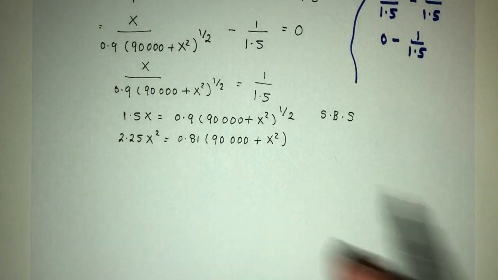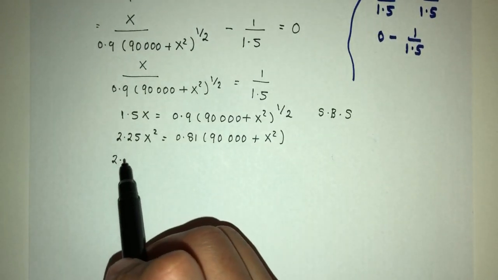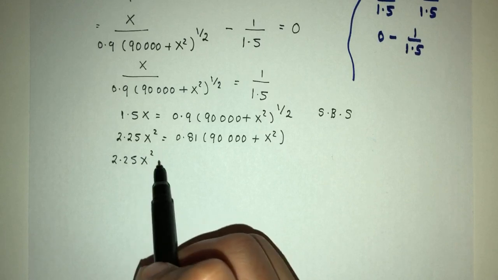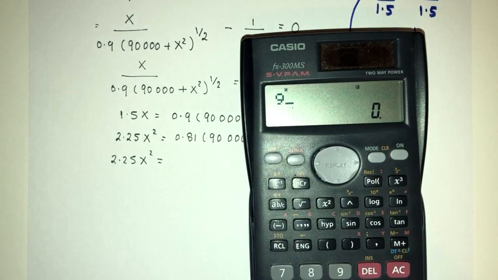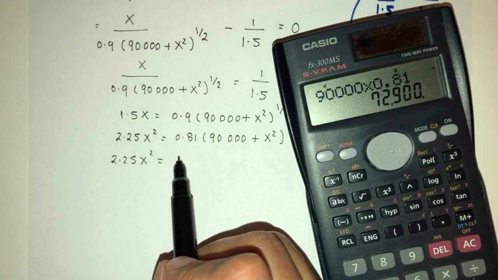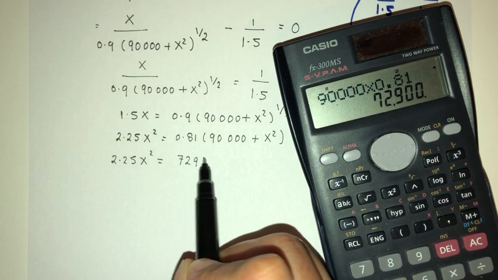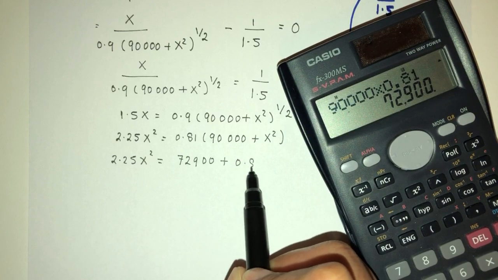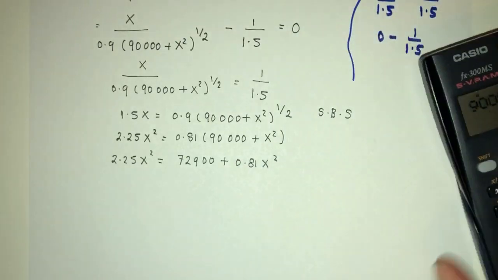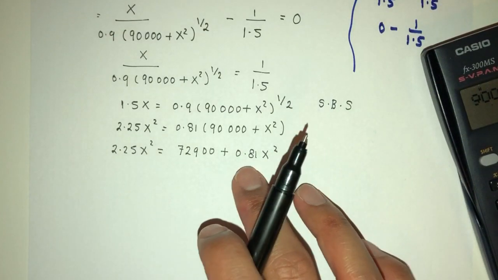Now let's expand and simplify. So you have 2.25 x squared equals 90,000 times 0.81, that will be 72,900, plus 0.81 x squared. Now let's send this to one side.